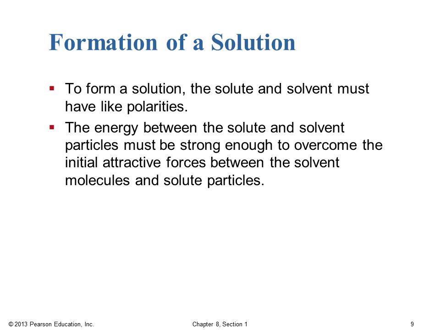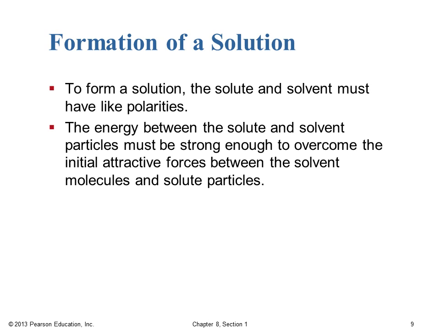So to form a solution, the solute and the solvent must have like polarities. And so what that means is that when we're going to mix up these solutes and solvents in order to make a solution, they need to be of the same or similar polarities. So we want to mix non-polar solutes with non-polar solvents.